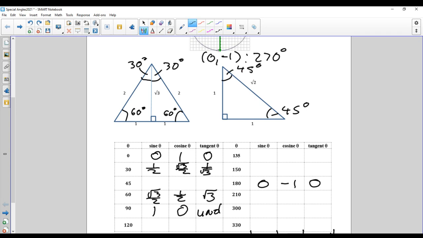Now, just before the break, which will come up in about 4 minutes, we're going to fill in that 45-degree row right now. Start thinking about what the sine of 45 is, using SOHCAHTOA, the cosine of 45, and the tangent of 45, based on this triangle that we just drew, and the sides that are labeled, it's 1, 1, and root 2.